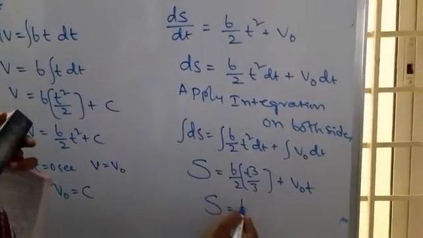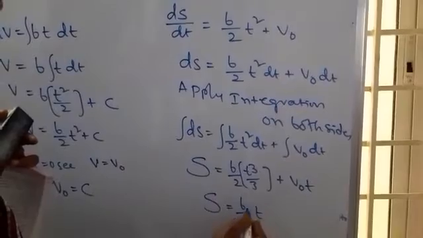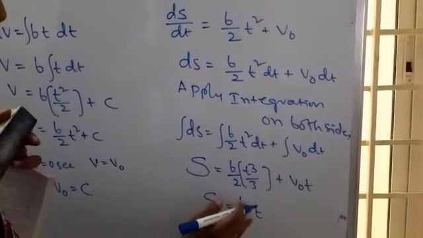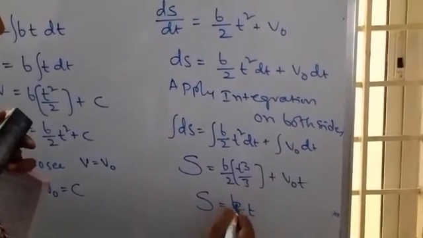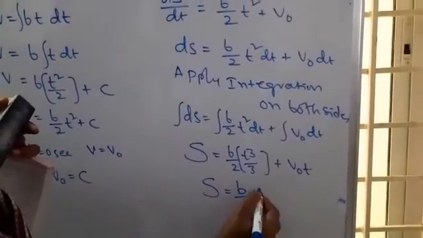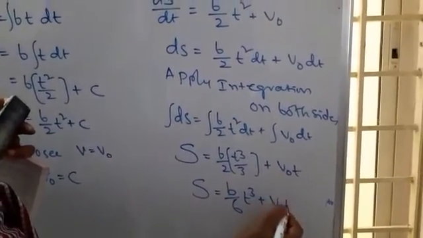Therefore s is equal to b by 6 into t cube plus v naught into t.